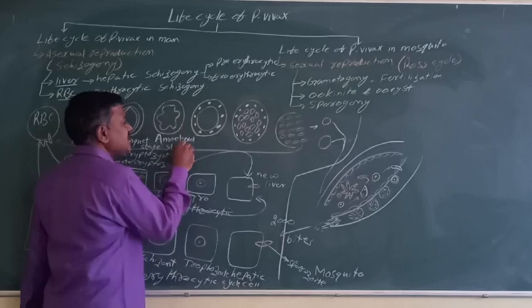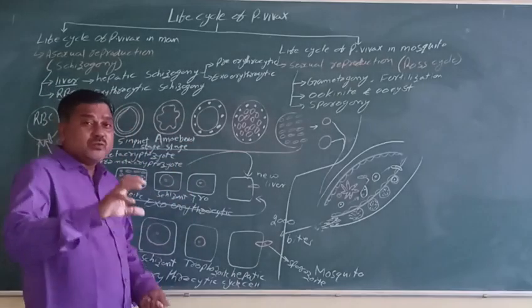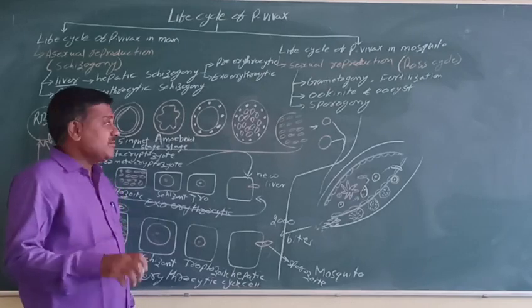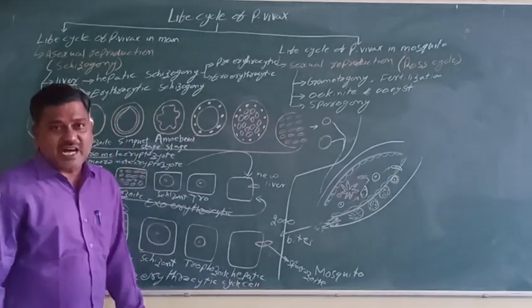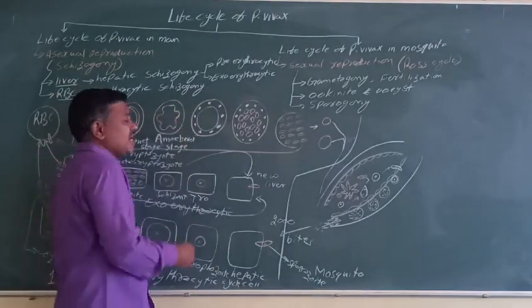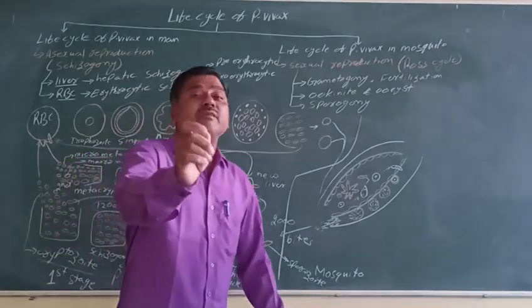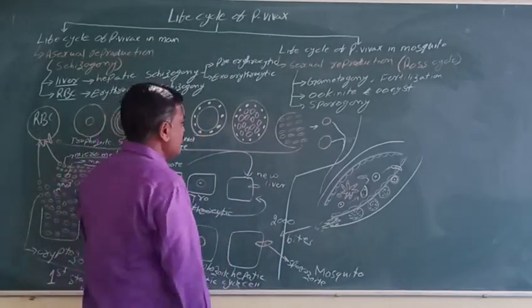With the help of the pseudopodia, it starts absorbing nutrients present in the RBC. Along with this, it is responsible for absorption of hemoglobin.